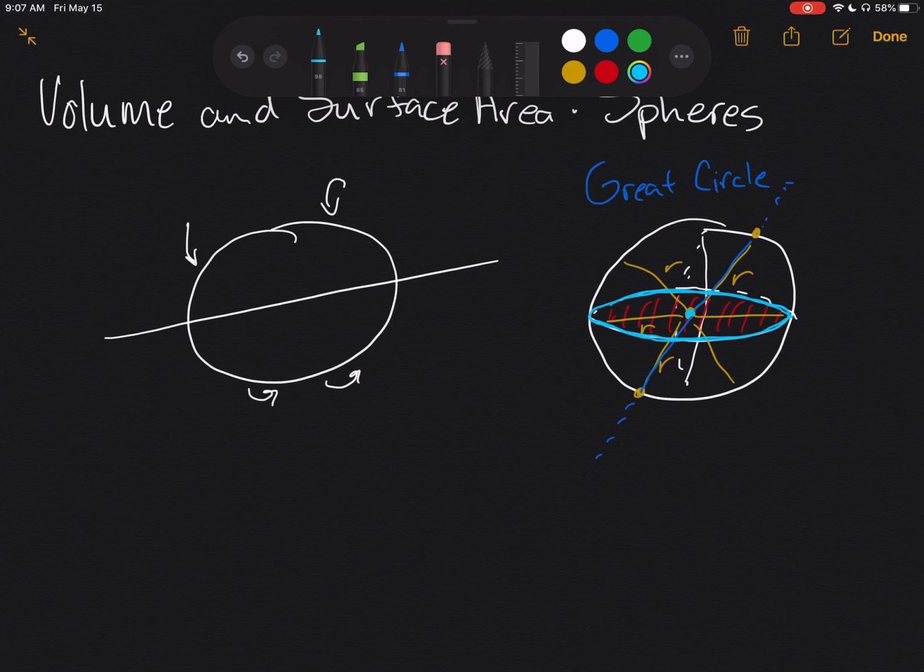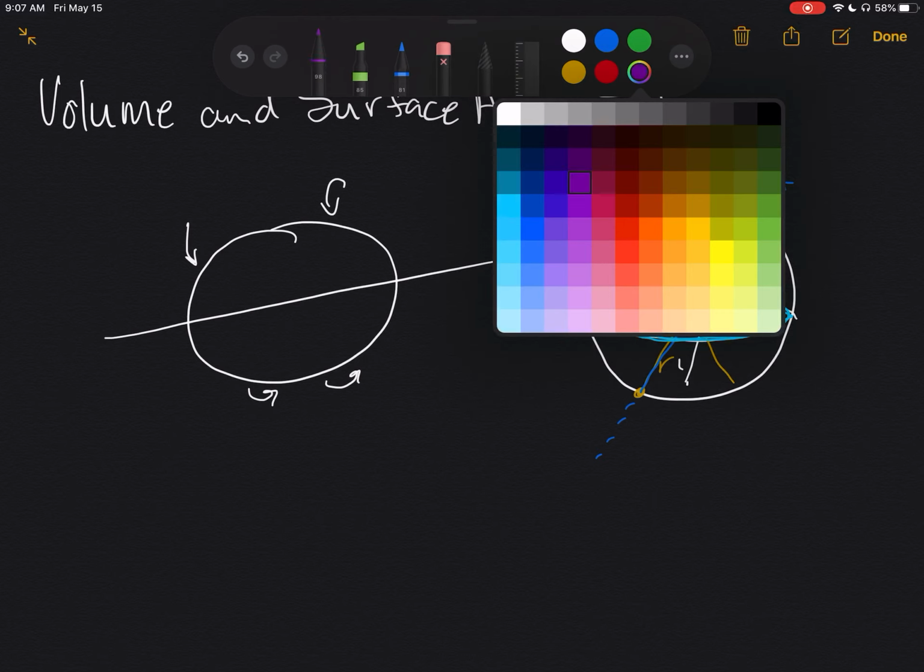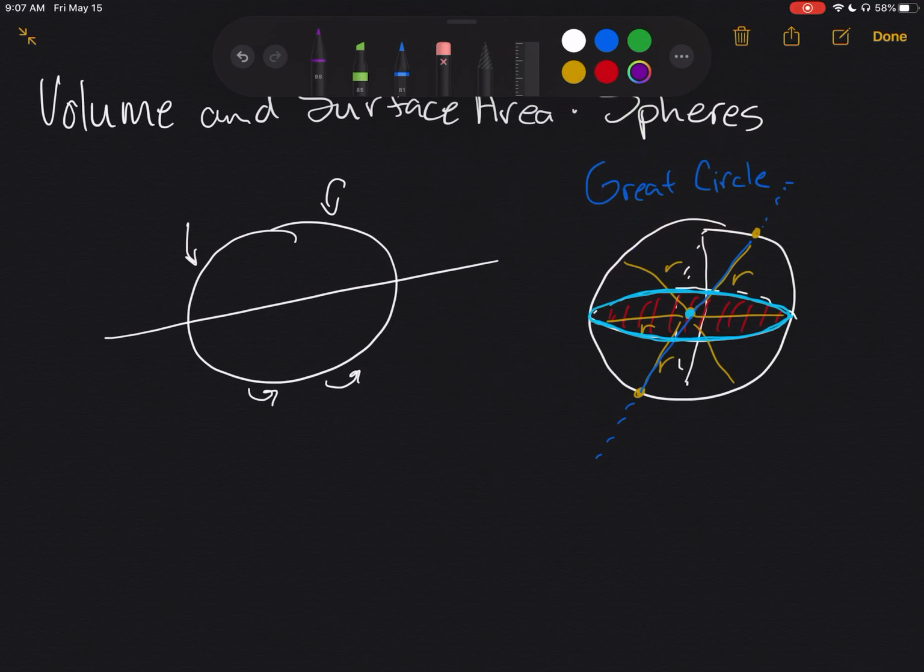Something like this would not be a great circle. It's not the biggest possible circle. It doesn't go through that middle point there, and that's still a circle, obviously. We could find the area of that circle if we had the radius, but it's not a great circle.